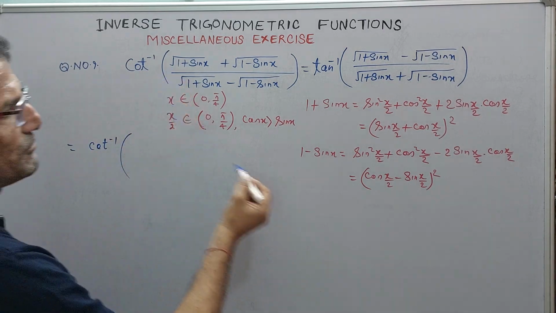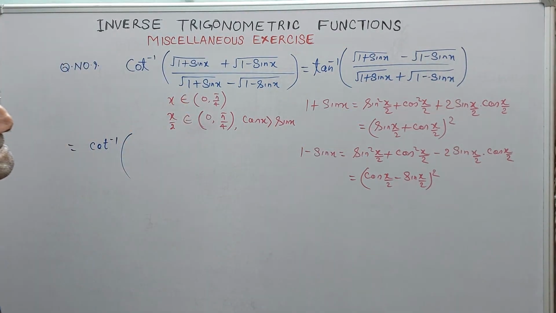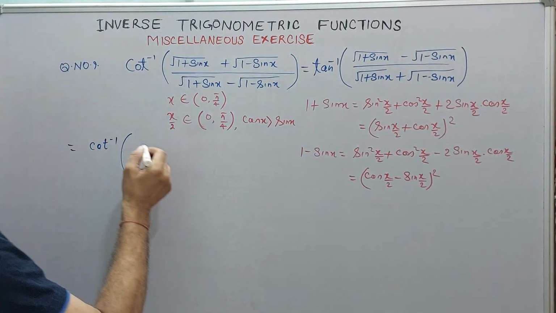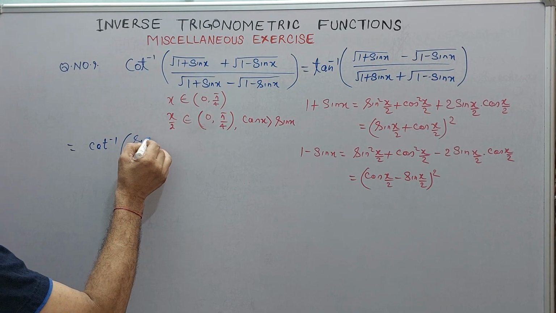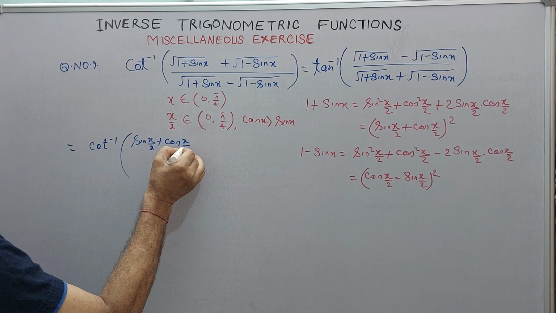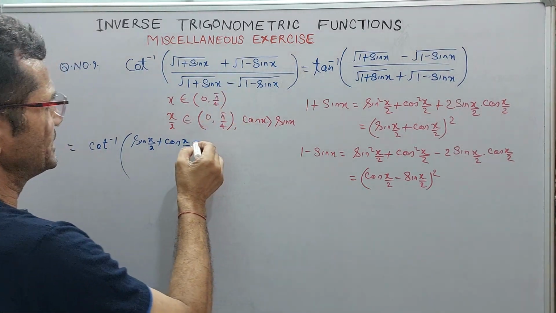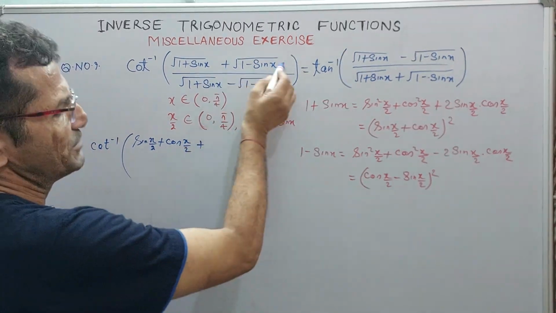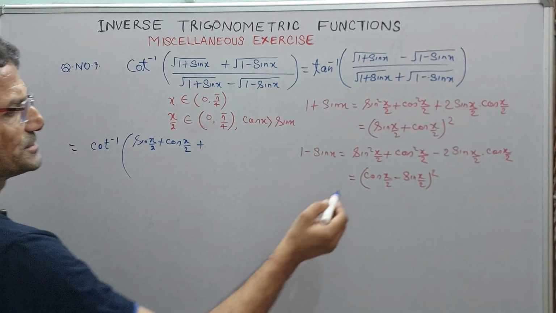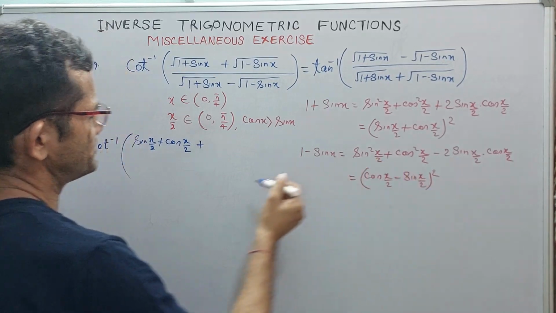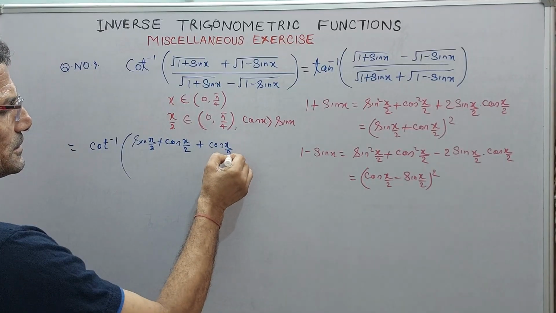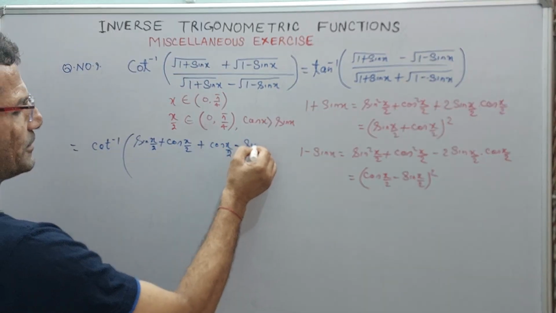cot inverse, square root of 1 plus sin x: the square root of this will be just sin x by 2 plus cos x by 2, and this is plus, and square root of this will be just the side of this bracket, cos x by 2 minus sin x by 2.